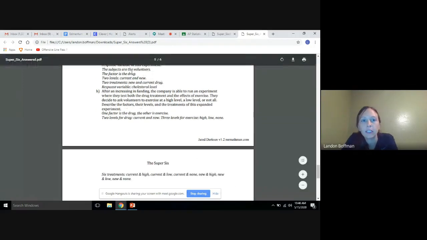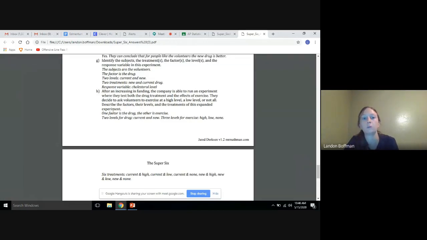Your subjects are the same, still the volunteers, but now you have 2 factors because you have 2 different things you're controlling: one is the type of drug and one is the amount of exercise. Your level is separate. It's the different versions of each factor, so you have 2 levels for the drug and 3 levels for the exercise. Now your treatment is each combination.